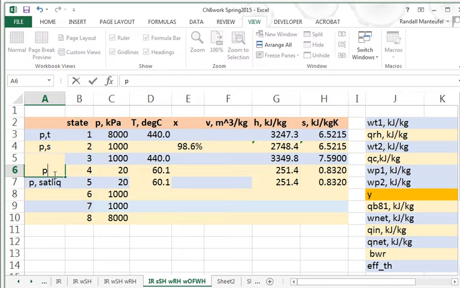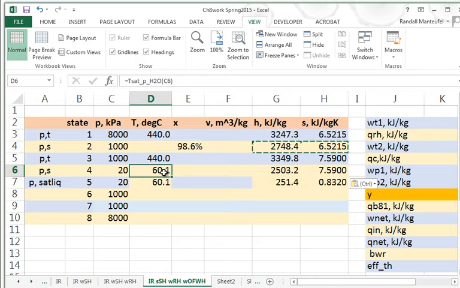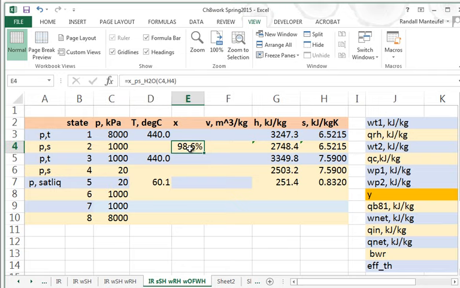So what I'll do is I'll say, you know what, right there, the same formula as I had before. There you go. And I can calculate the quality, and it's 95% coming out of the second turbine stage.